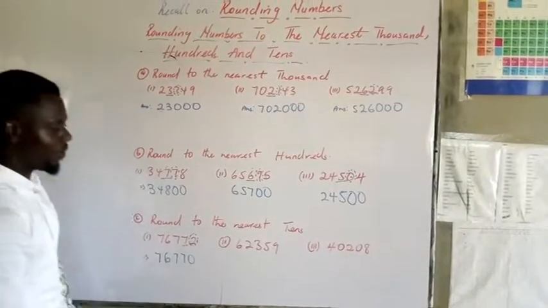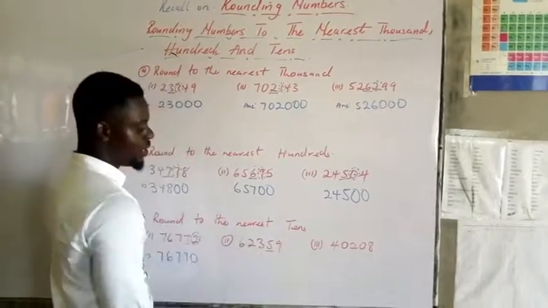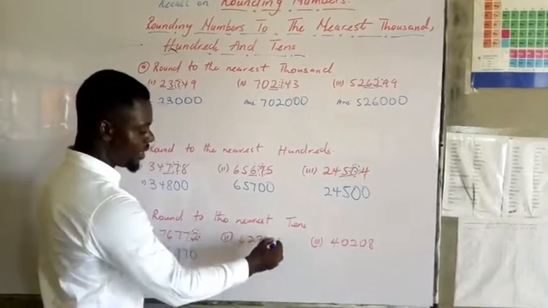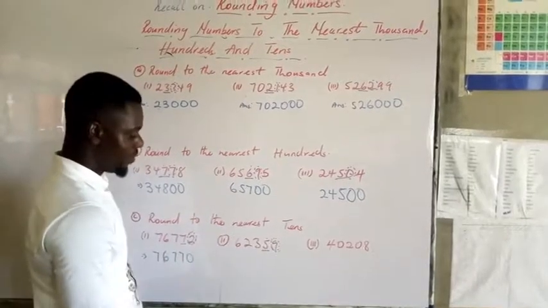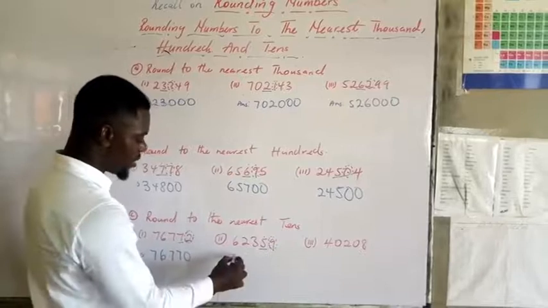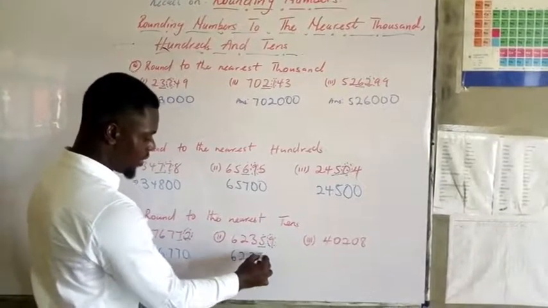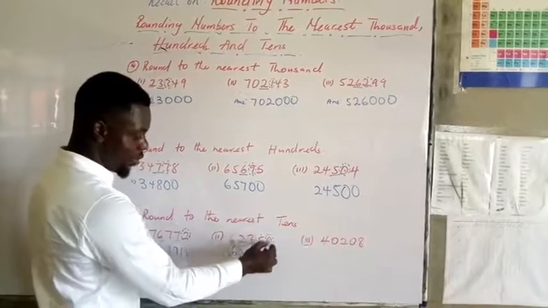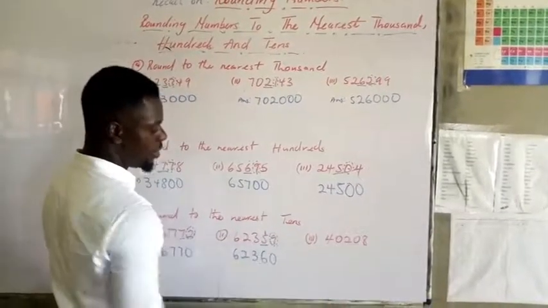Very good, you have done very well. Let's move on to the next one. This is our tens place. Check the digit behind. The digit behind is 9. So we'll add 1 to the 5 and it will become 6. So let's write our answer. 6, 2, 3, another 6. I hope you understand. Because of the 9, we added the 1 to the 5, so it becomes 6 and the 9 will change to 0.